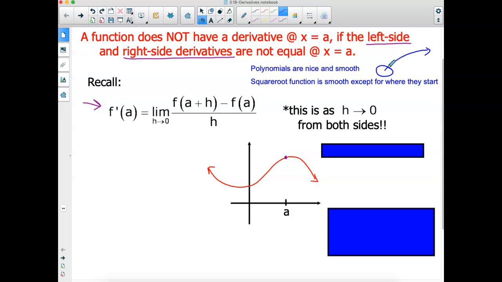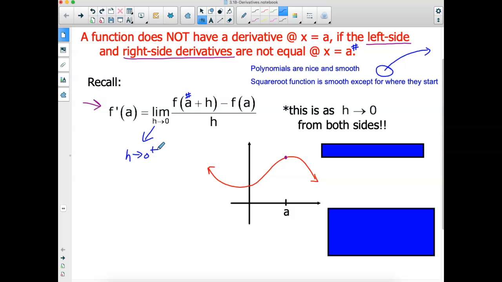And when I'm looking at this definition of the derivative, now remember, x equals a is a number. So this is some number in here. And if a plus h, well, this implies, because this is a two-sided limit, that h approaches zero from the right.